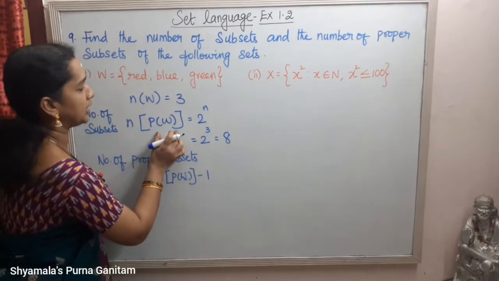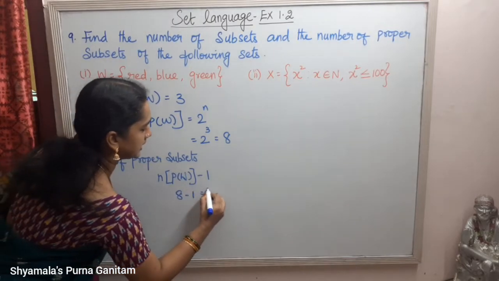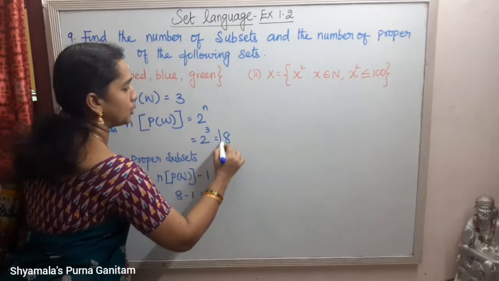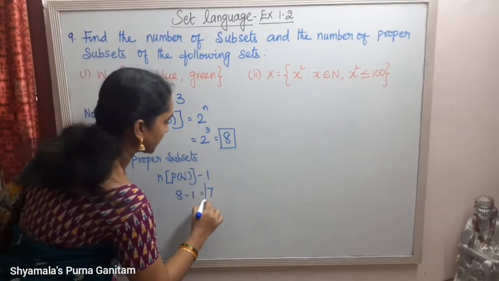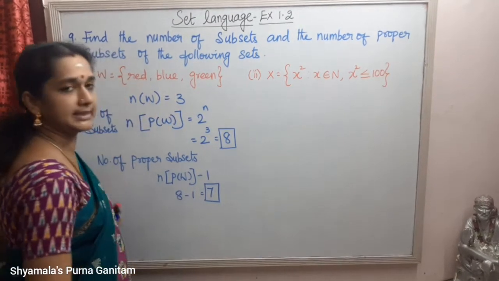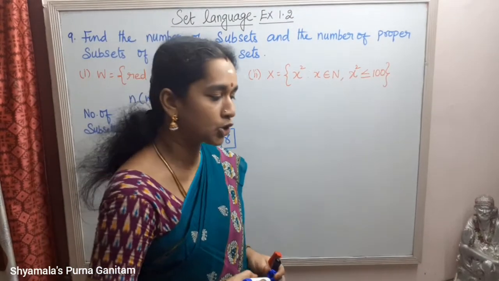So what is n of P of W? That is 8. So 8 minus 1 is equal to 7. So the number of subsets is 8 and the number of proper subsets is 7. Okay, the next sum also has to be done the same way.